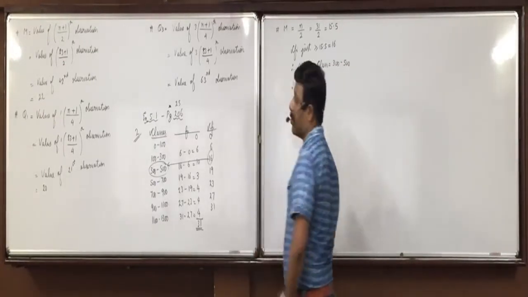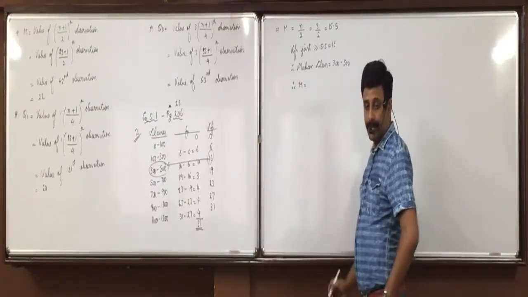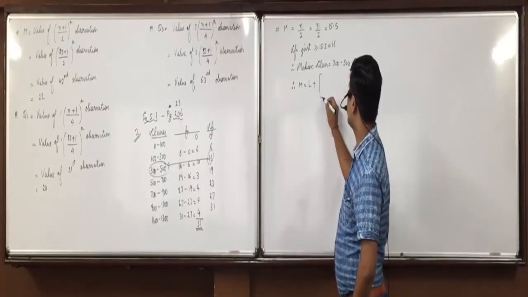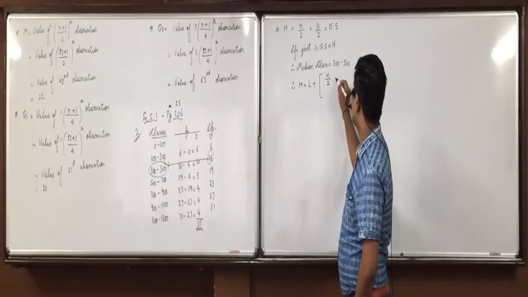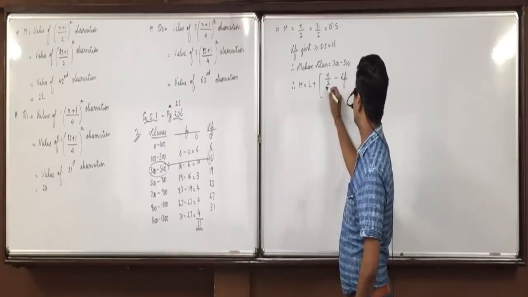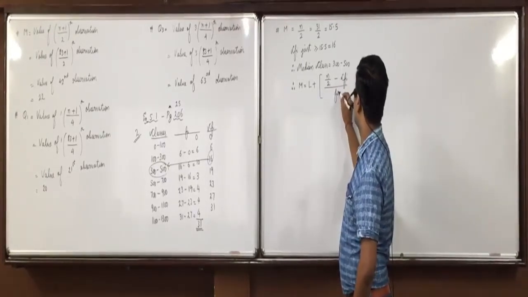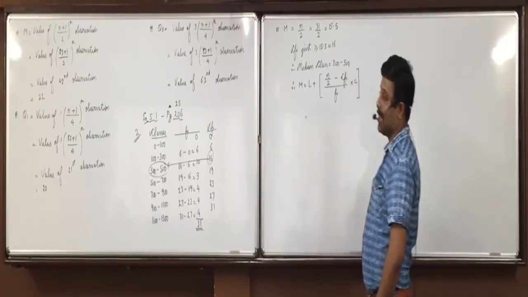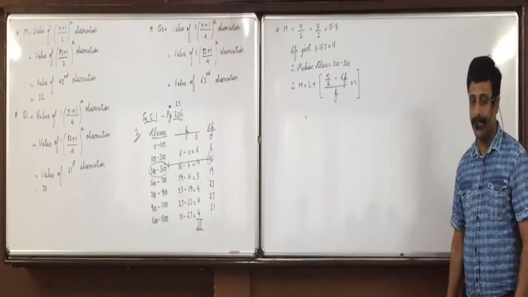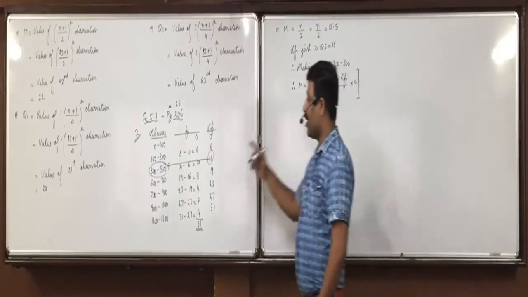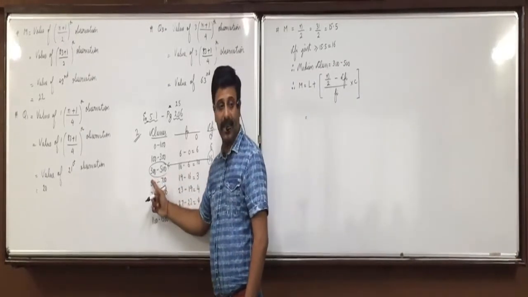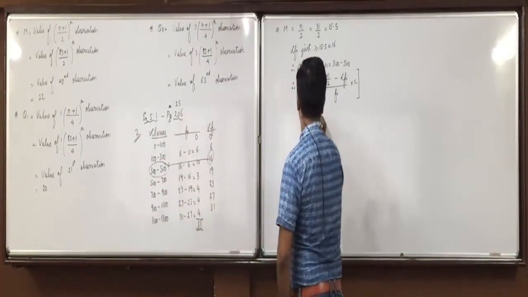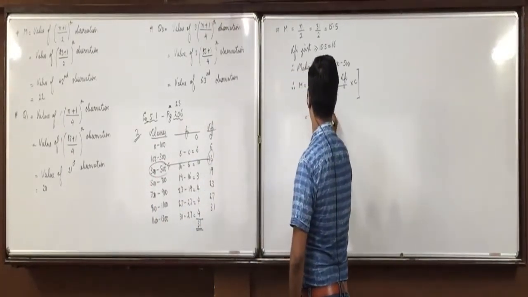Yes, now tell me what is the formula? L plus n by 2 minus CFI upon Fi into C. Now lower boundary point will be directly 300. Is it inclusive or exclusive? Exclusive, so directly we can take lower boundary point as 300 plus.